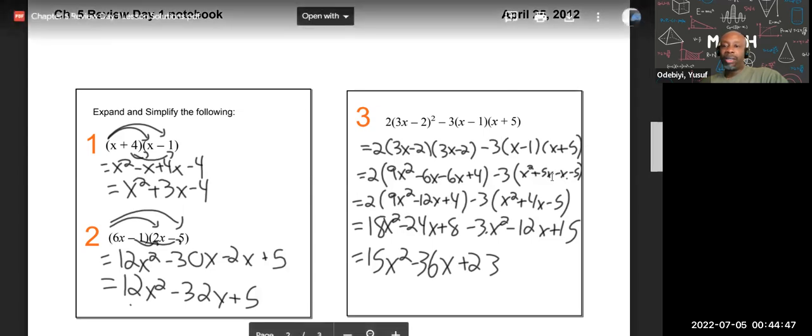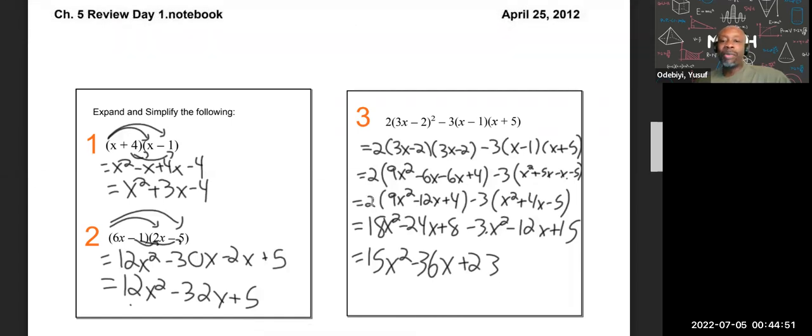So that's what you got there. And over here, you just do the FOIL method. Now I have numbers outside the bracket. Keep those numbers outside the bracket until the very end. Don't start multiplying inside, you'll get confusion. Once I have everything inside the bracket simplified, then I can multiply using the distributive law.